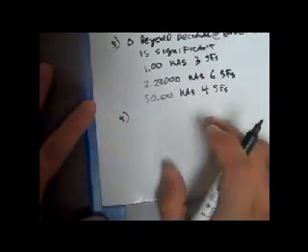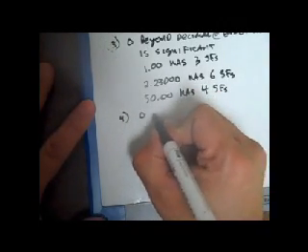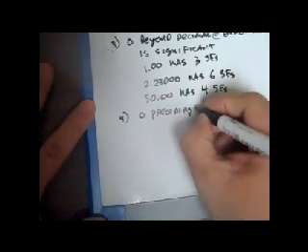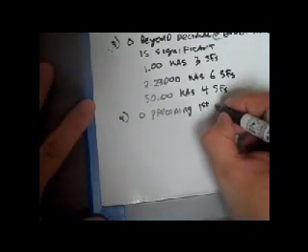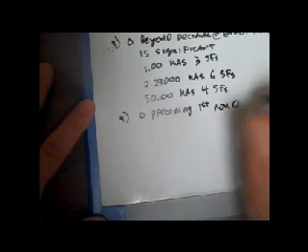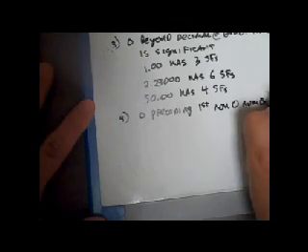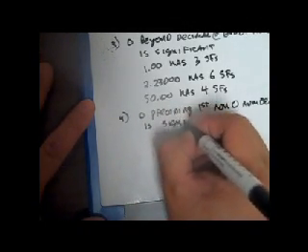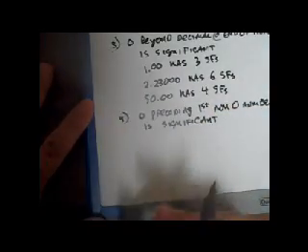Okay, and then finally, number 4, the 0 preceding the first non-zero number is significant. Okay.